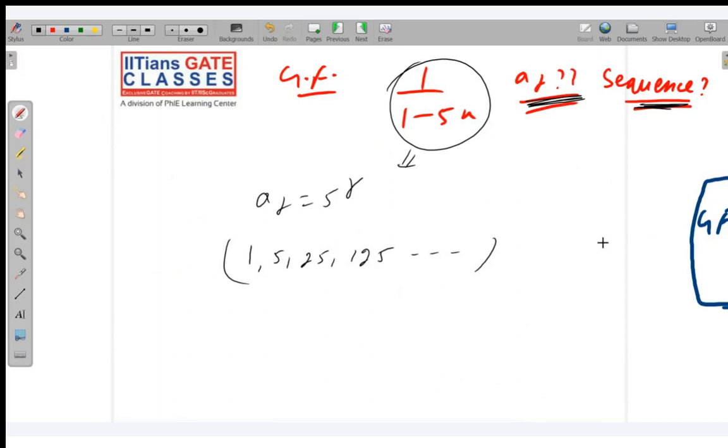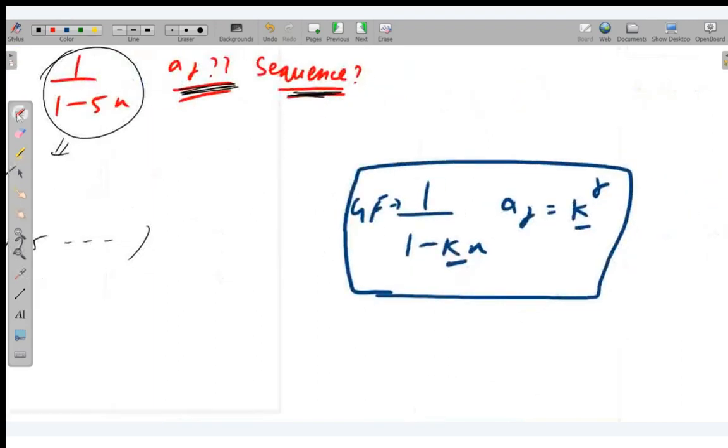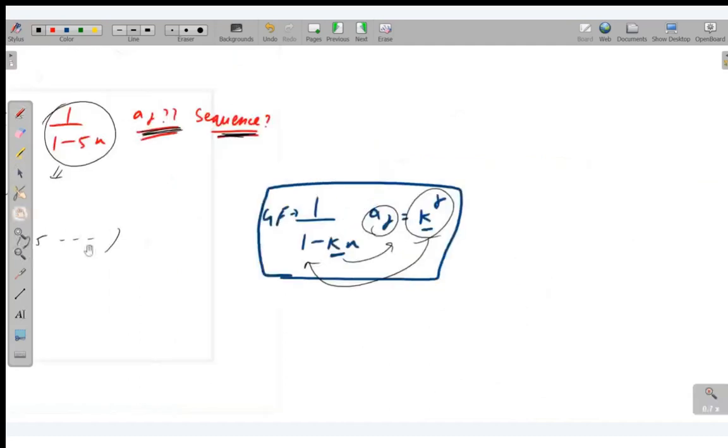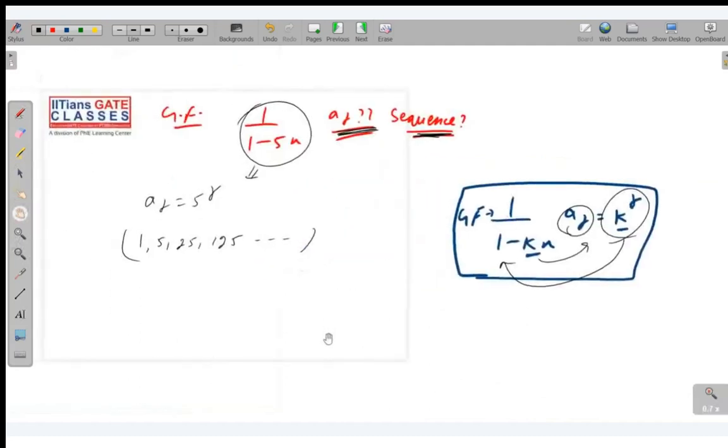So to generalize, I have written here: 1 upon 1 minus kx, a_r is k^r. The reverse you should also know: when a_r is k^r, the generating function will be 1 upon 1 minus kx. You should know both ways.